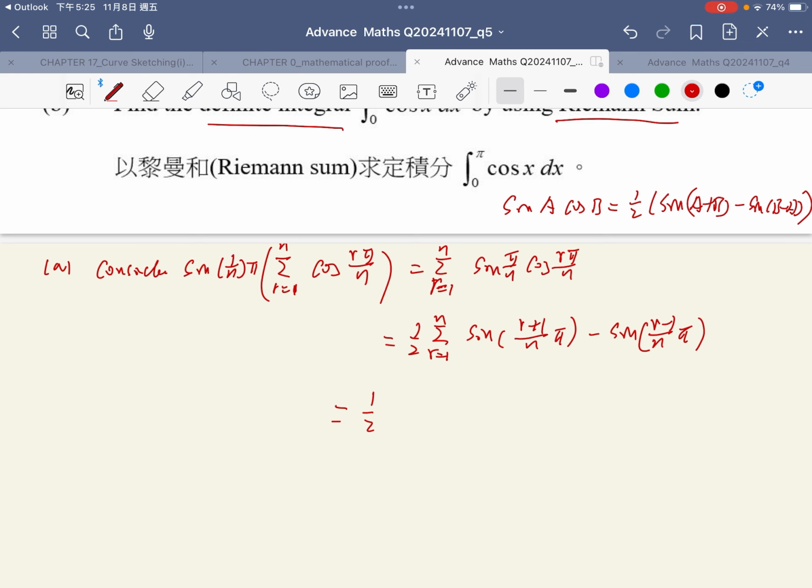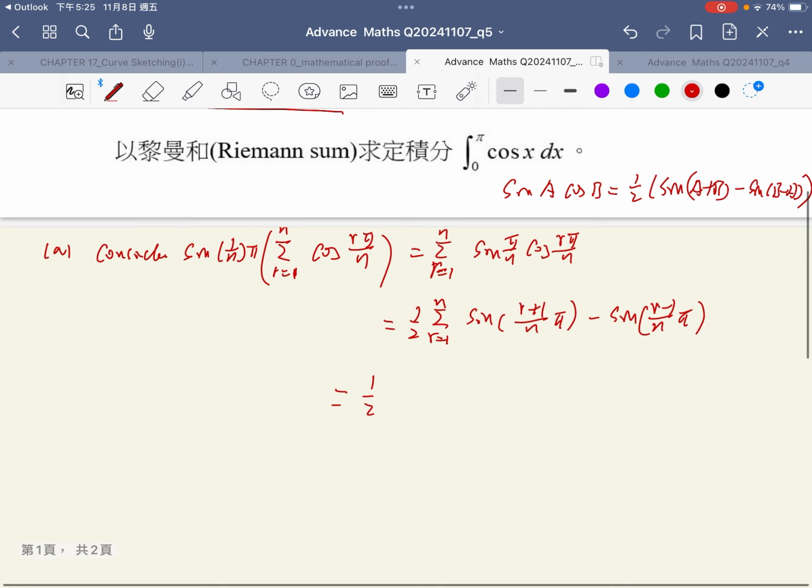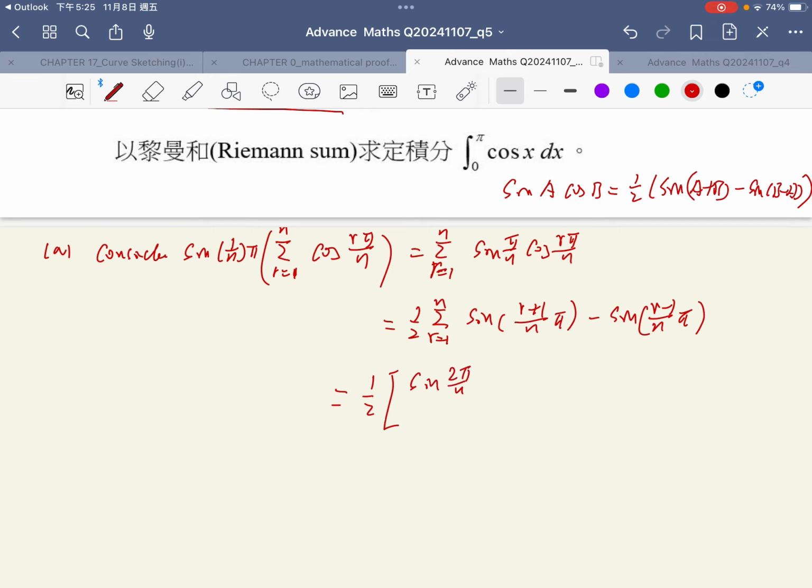I list all the terms outside. For r equal to 1, it is sine 2 pi over n minus sine 0, plus sine 3 pi over n minus sine pi over n, plus sine 4 pi over n minus sine 2 pi over n.